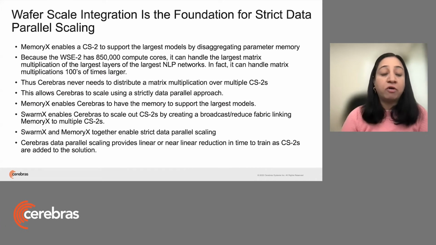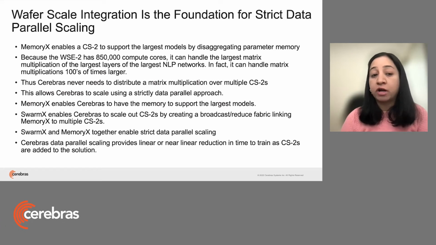So going forward, many years from now, you will also be able to just fit the whole layer onto our Wafer-Scale Engine and not have to worry about the hybrid parallel model where you would be splitting the layers. Cerebras never needs to distribute matrix multiplication over multiple CS2s. So it's always one layer on one CS2.